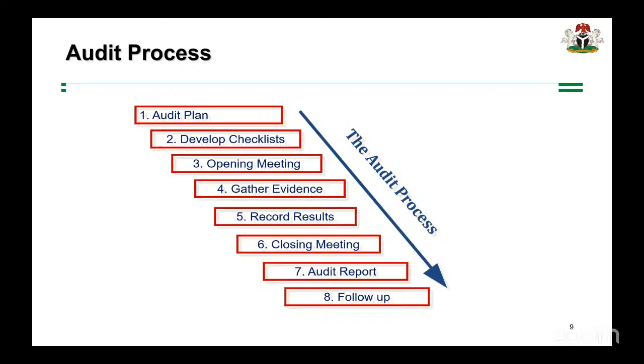Three, do an opening meeting when you get there, gather the evidence, record the results, and you do a closing meeting, do an audit report, and what? Follow-up. Every aspect of this must be put in place. From the audit plan to the follow-up has to be well understood by you and also be done.